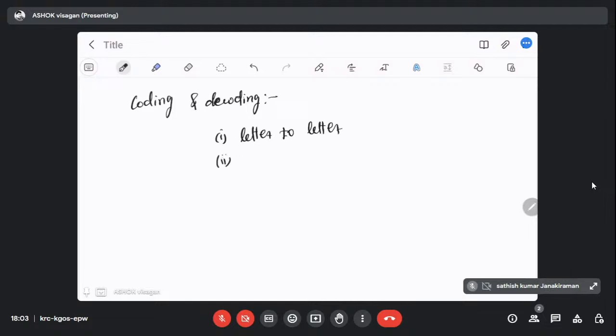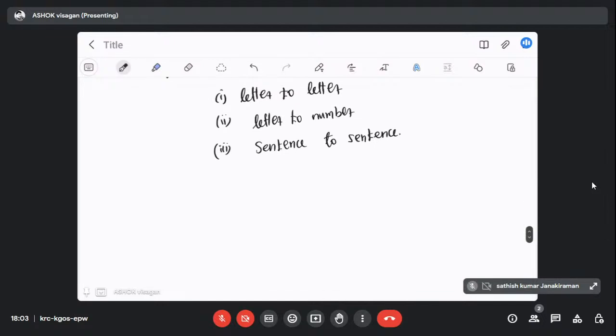Second one is letter to number. Third one is sentence to sentence. Sometimes it may be sentence to number. These are the very basic three types of coding and decoding.